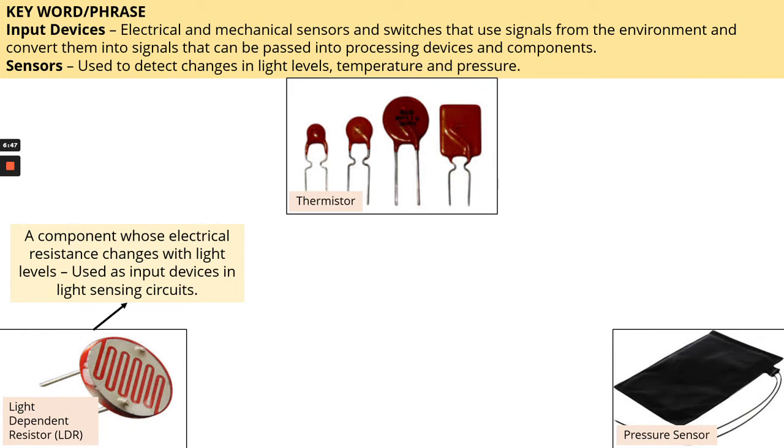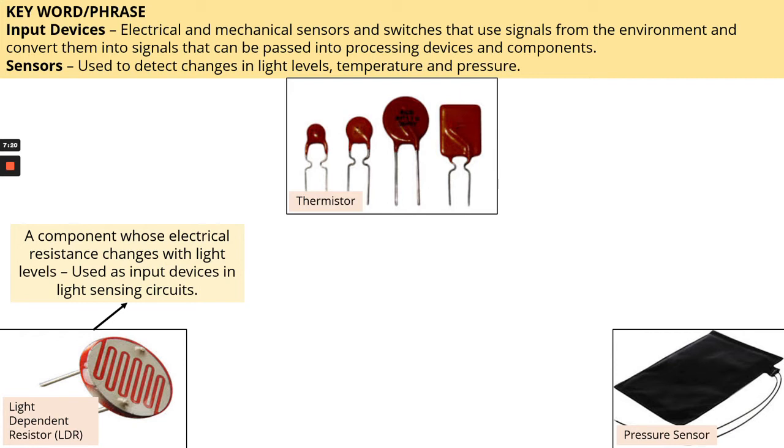So what that statement means is that when it is really light outside, for example, the LDR will absorb that light and then change its resistance to accommodate that. So it will increase the amount of electrical resistance of the device, which means that it will not allow as much electrical current to flow through the circuit.